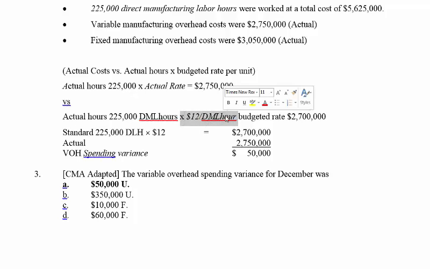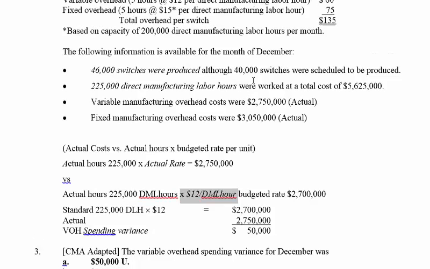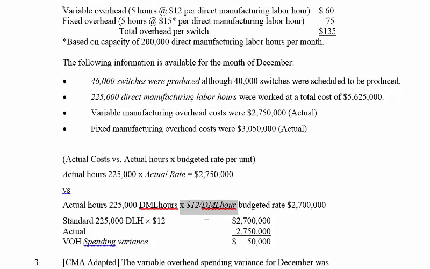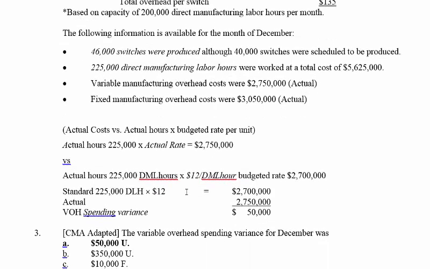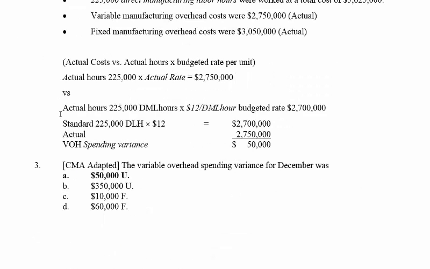So our budgeted rate for variable overhead was calculated and given up here in the top, and we're using $12 per direct manufacturing labor hour. So the budgeted rate is 12. Multiplying that times the actual hours would have given us $2,700,000. Alright, so this number right here would be showing up in the actual overhead flex.